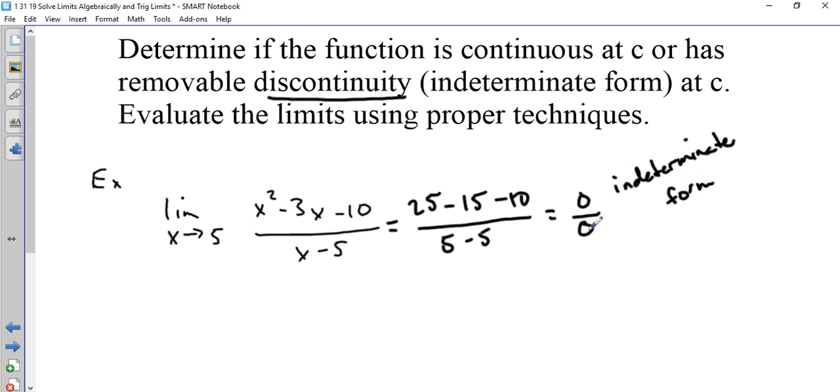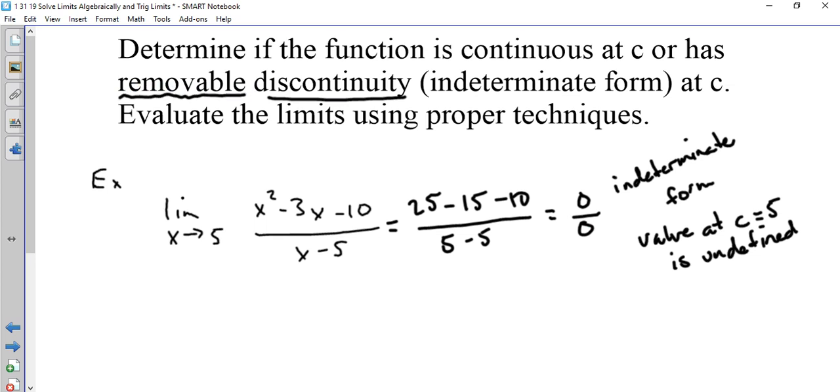Indeterminate form simply means that we cannot determine the value of the limit by plugging values in. It also tells us that our value at c, in this case c equaling 5, is undefined. Now, 0 over 0 also tells us what type of discontinuity this is. 0 over 0 usually means we have what's known as a removable discontinuity.